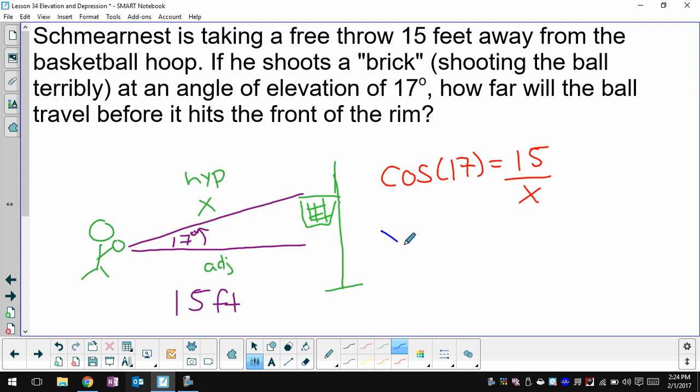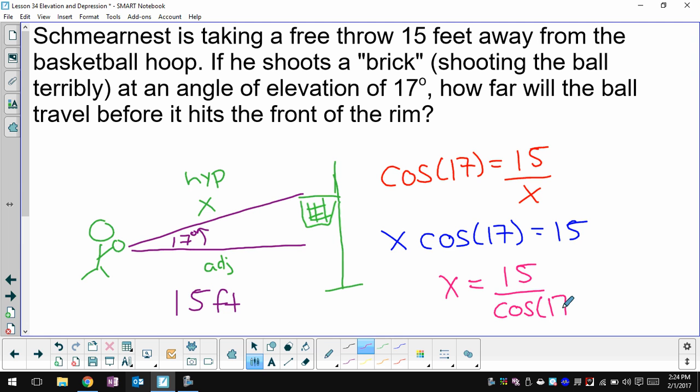We multiply both sides by x, which leaves us with x cosine 17 equals 15. Then we'll divide both sides by cosine of 17, which gives us x equals 15 divided by cosine of 17. And now we can just put that straight in the calculator and figure out that this ball is going to travel approximately 15.7 feet before it hits the rim, doesn't go in, and hopefully we don't lose the game there.